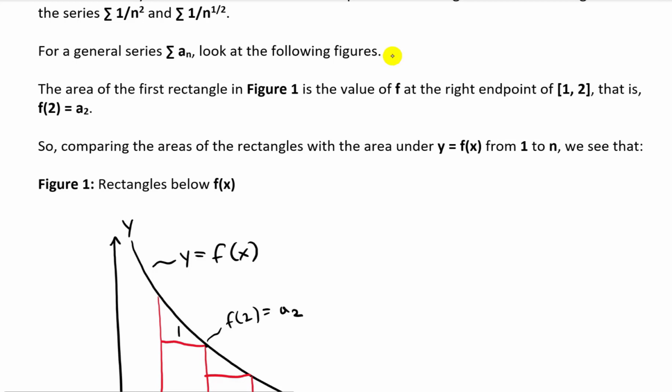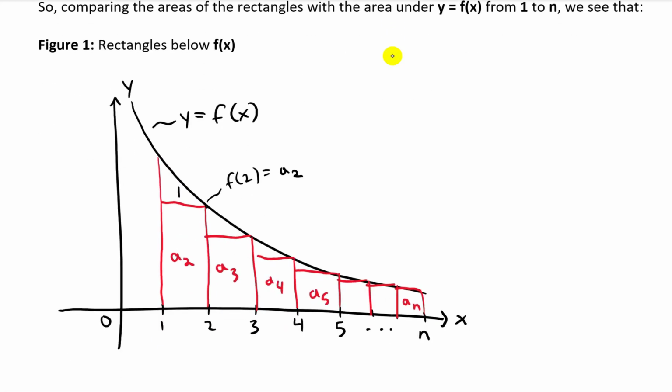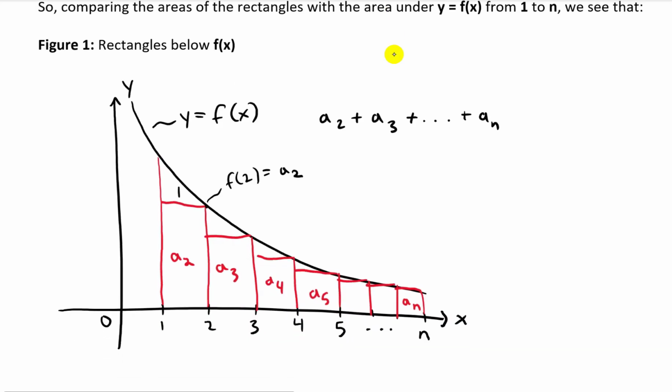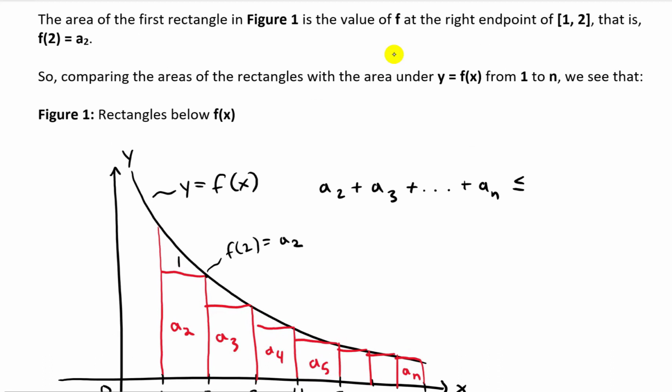So comparing the areas of the rectangles with the area under y equals f(x) from 1 to n, we see that, and here I'm going to write the formula down. These areas are A2 plus A3 plus dot dot dot, all the way to plus A_n. Notice that these are less than or equal to the integral from 1 to n.